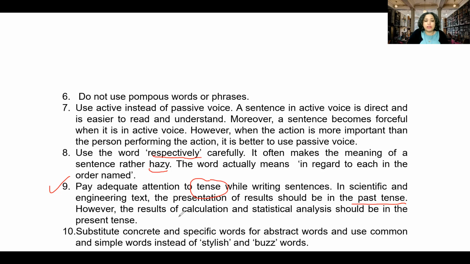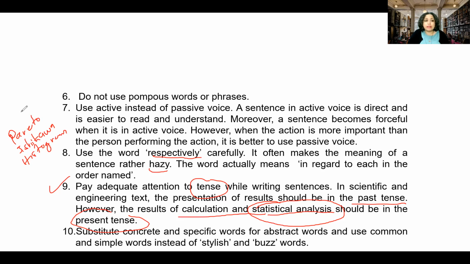However, the results of calculation and statistical analysis should be in the present tense. And guess what? Industrial engineers use a lot of statistical analysis. All of those tools for an industrial engineer, all of those quality tools, like the Pareto, like the Ishikawa diagram, those diagrams, like the histogram, and so on, are so related to statistics.